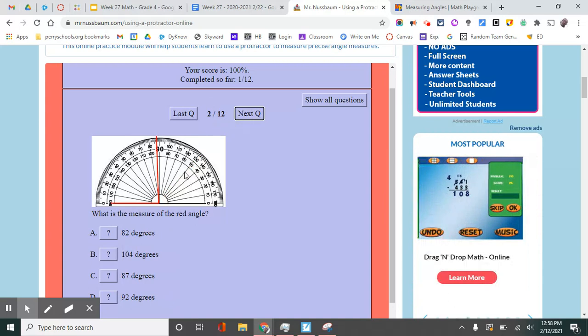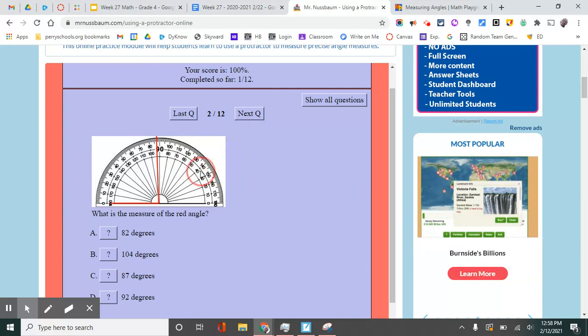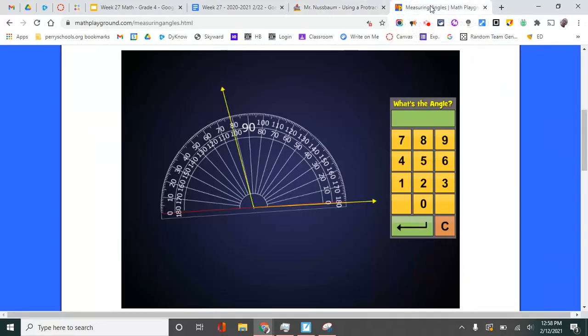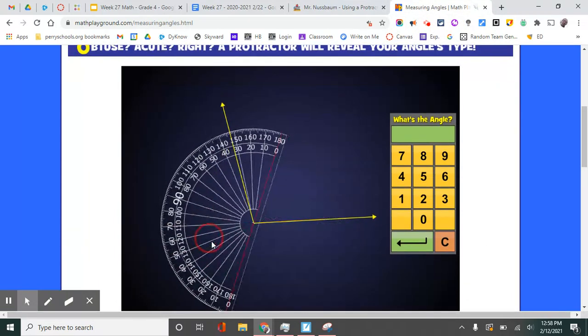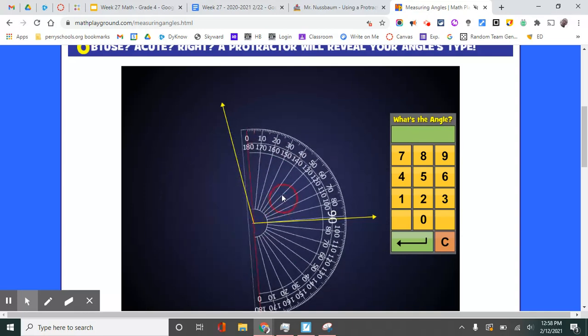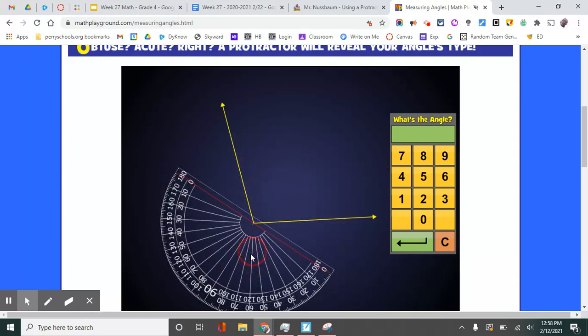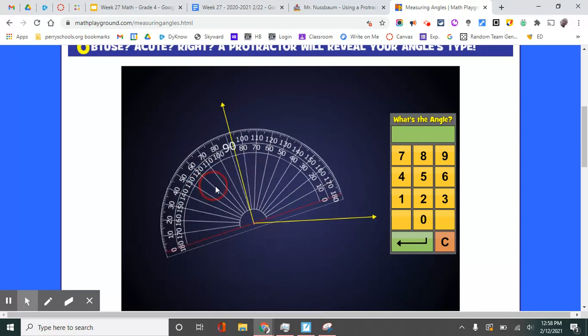Then you go on to the next question, and you're going to do all 12 of those. These ones won't require you to move this around. You can't move it, which is why I am also going to have you practice on this one right here. So they give you an angle, and then you get to turn this and try to estimate. I know this is going to be a little more than a right angle. And so I'm going to turn it.